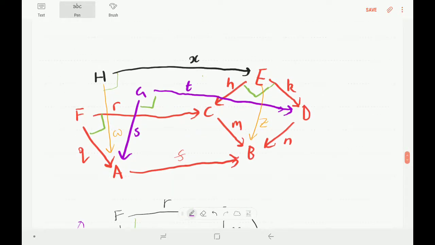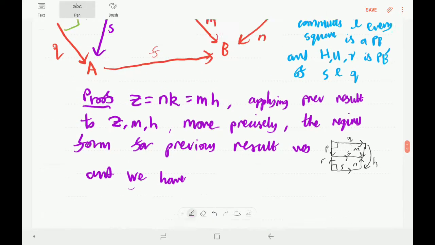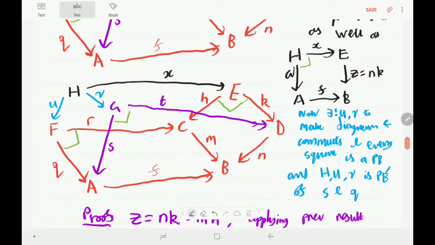If we have these four pullback squares as shown, where z is equal to m after h, or equivalently z is equal to n after k, then there exist a u and v which make this diagram commute, make all of these squares commute, and which is such that every square is a pullback.